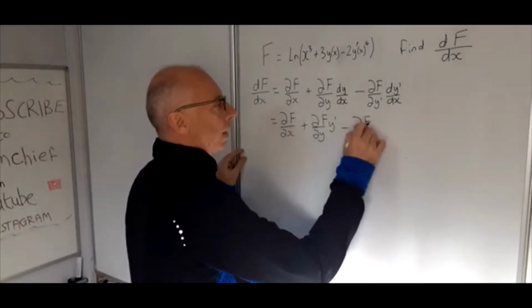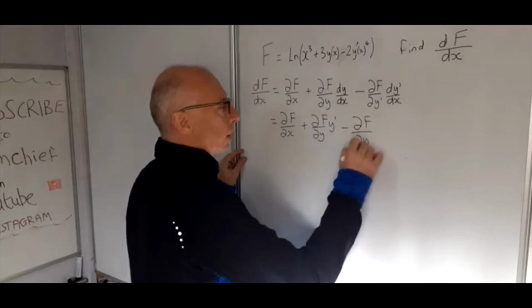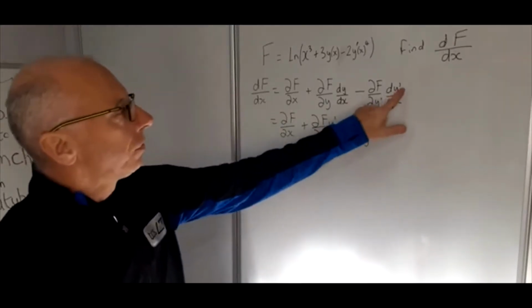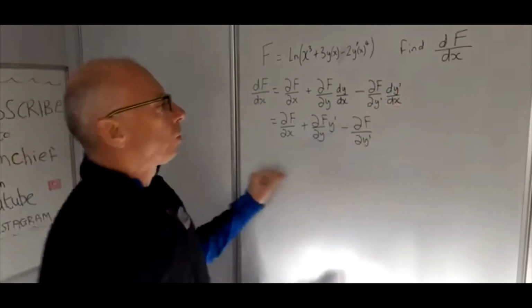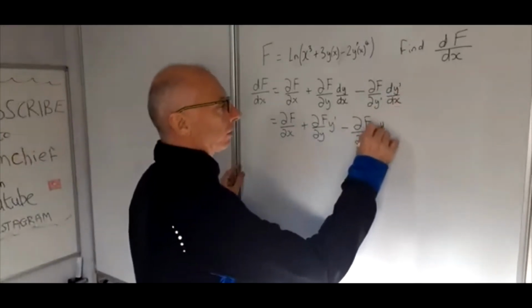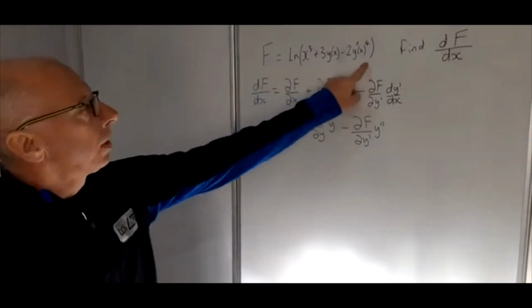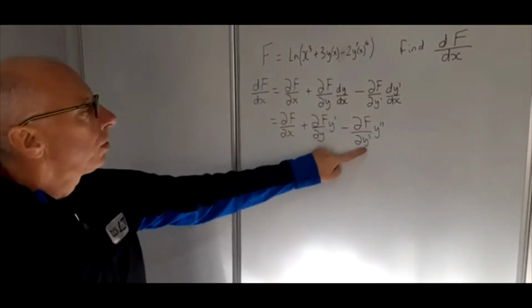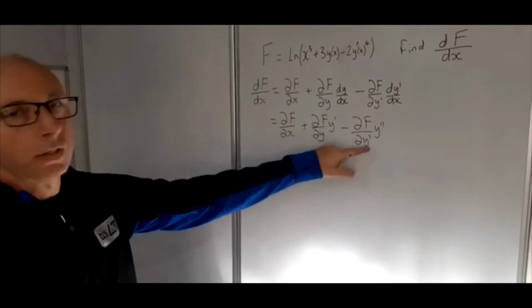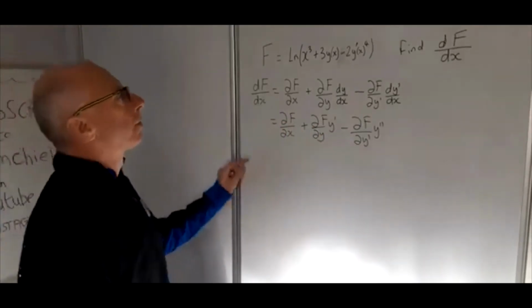And then partial of f with regards to y prime, and then the derivative of y prime with regards to x is just y double prime. Okay, so now what we need to do is go along and find all the partials, and then we can plug them into this formula and see if we get the answer.